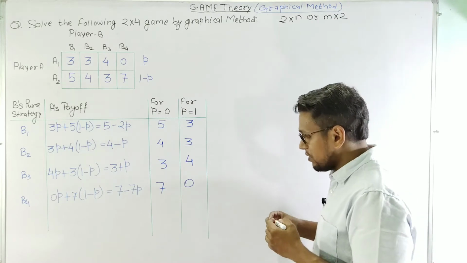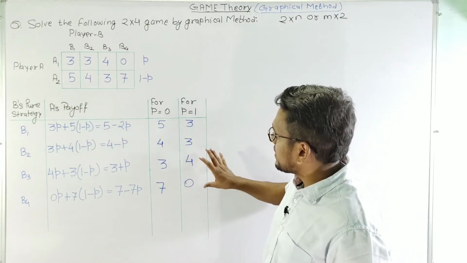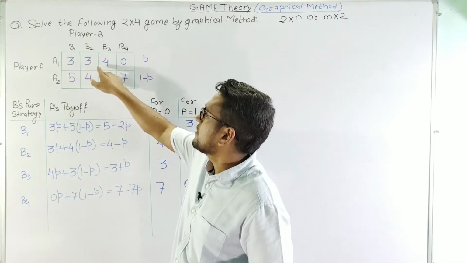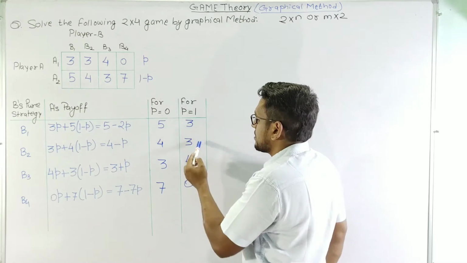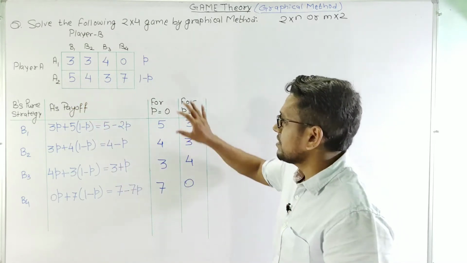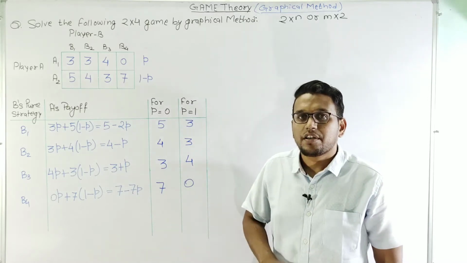So now we have calculated these values, and we can check that these values are exactly similar to those given in the problem. So this is 3, 3, 4, 0 and 5, 4, 3, 7. So we can check this from here, and now let us draw the graph.